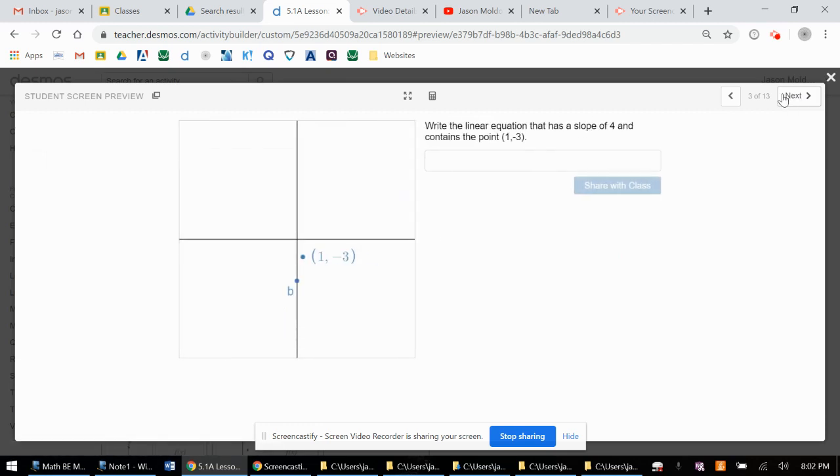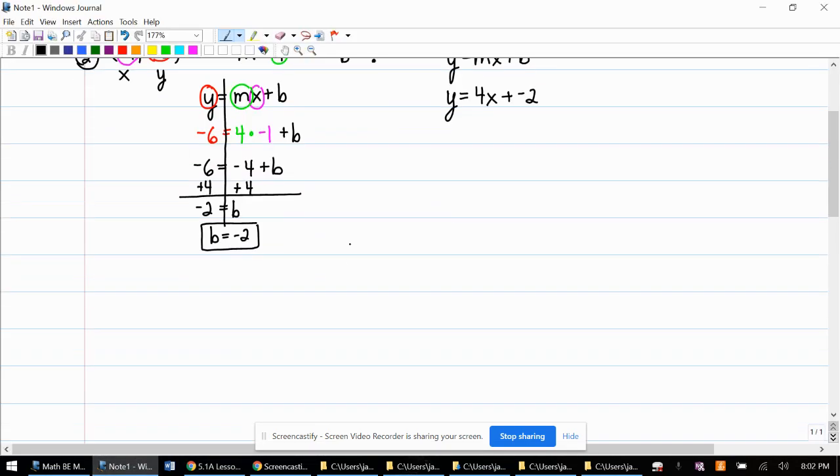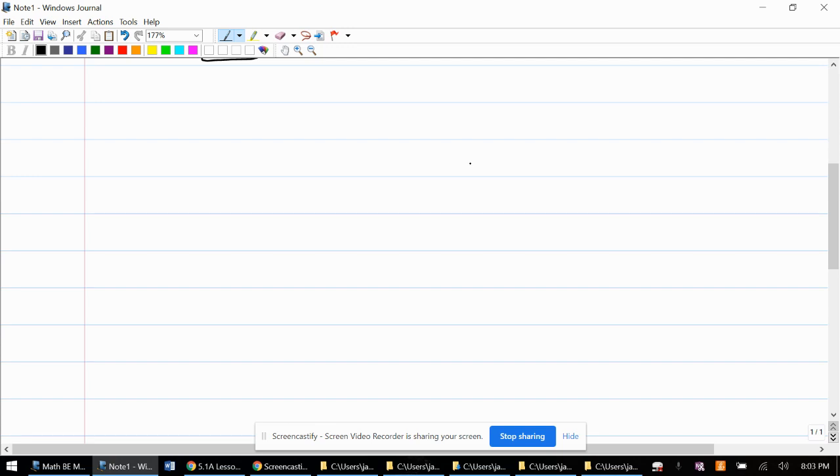Next example we're going to look at, this one says we're going to write the linear equation that has a slope of 4 and goes to the point 1, -3. So I'm going to number this slide 3, since this is the third slide. I'm going to label my point, and I'm going to plug everything into y equals mx plus b.